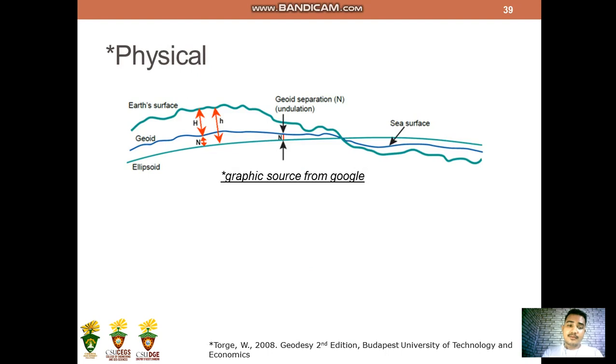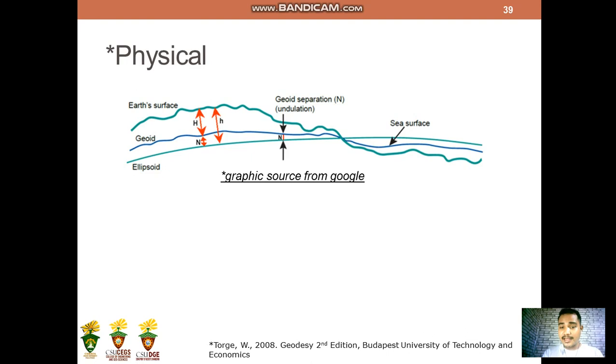So mo ni siyang illustration for physical. So from the light blue sa taas, that's the Earth's surface, mo nang terrain nga ato ang ginatindugan. So padulong siya sa oceans or seas. From the sea surface napa siya distance, from the sea surface padulong sa seabed.